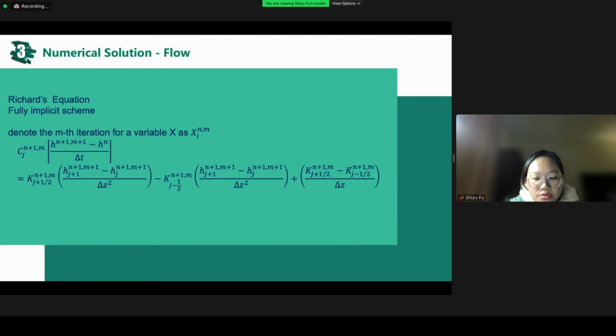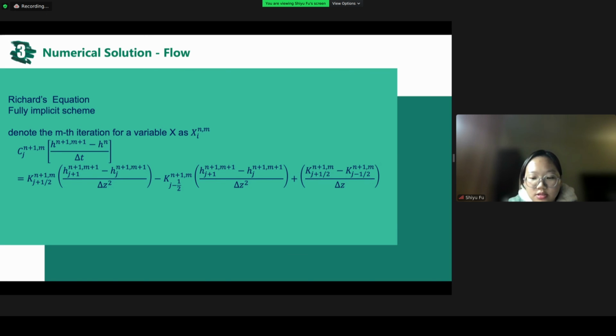Here, I show you the derivation of one of these methods. In the head-based equation, because of the generally nonlinearity of this system, the solution must be solved in an iterative manner. And then we have the Picard iteration.